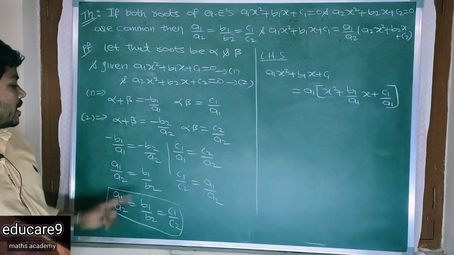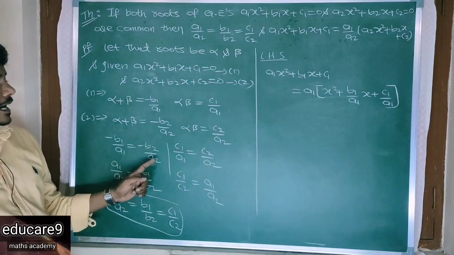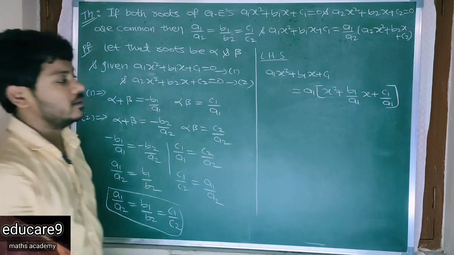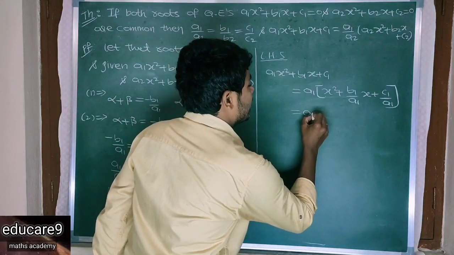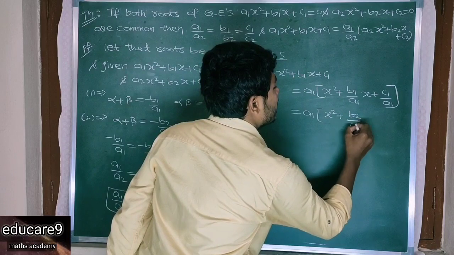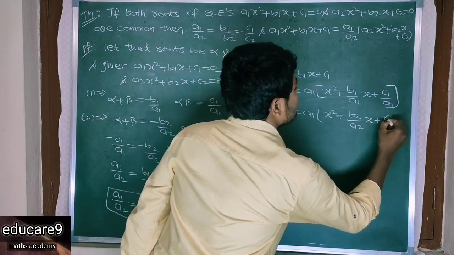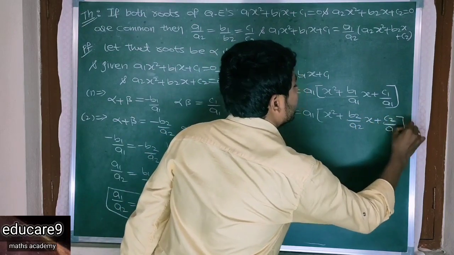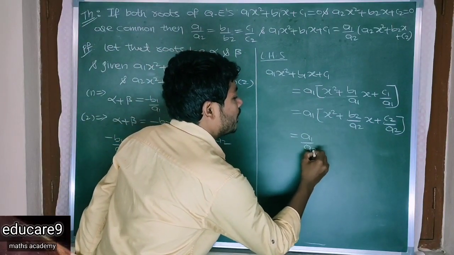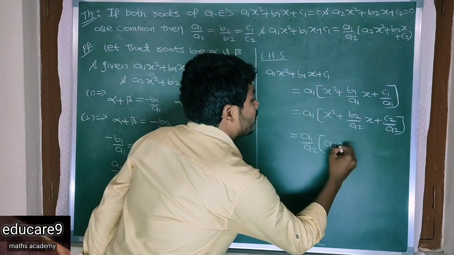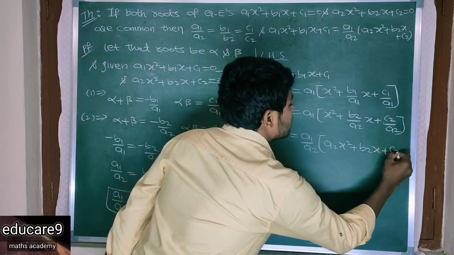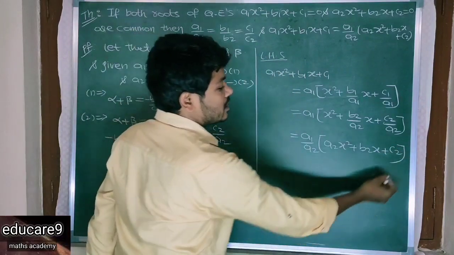See here, b1 by a1 is b2 by a2, and c1 by a1 is c2 by a2. So that is a1 into x square plus b2 by a2 into x plus c2 by a2. So this can be written as a1 by a2 into a2x square plus b2x plus c2. So this is the RHS.